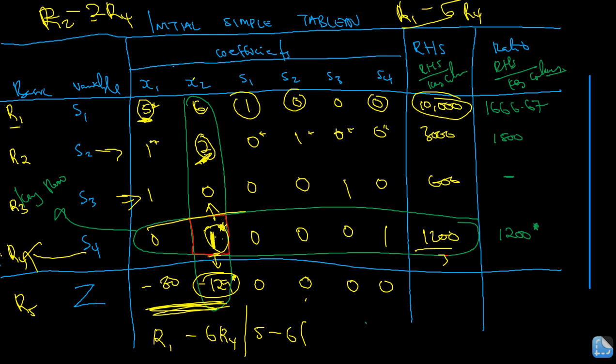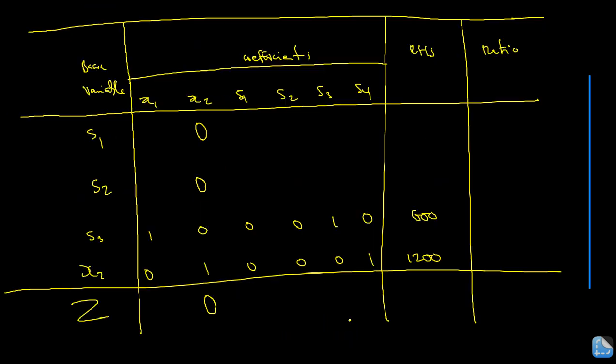The value corresponding to the 0 here in our key row will be your new R4. Not 1, take note, but 0. So put the 0 there. So what is 5 minus 6 times 0? The answer is 5. So in our new table, you write 5 here.